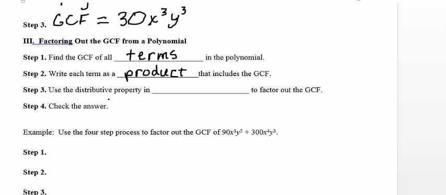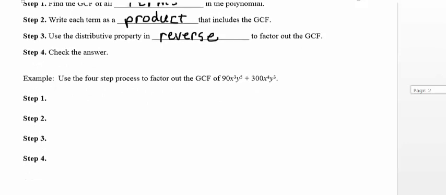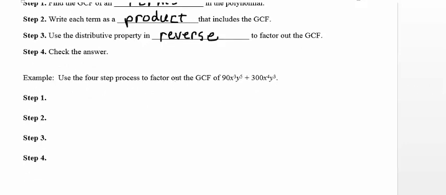We're going to use the distributive property in reverse to factor out the GCF. And then we can always check our answer. So let's use this four-step process to factor out the GCF of the polynomial 90x cubed y to the fifth plus 300x to the fourth y cubed.